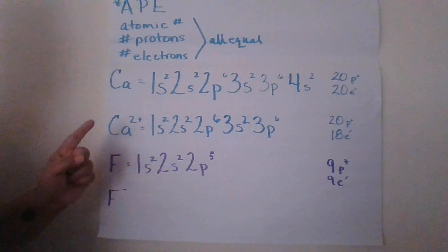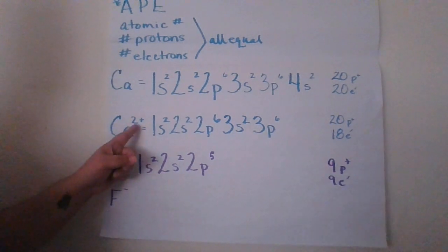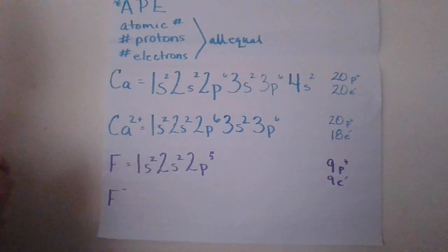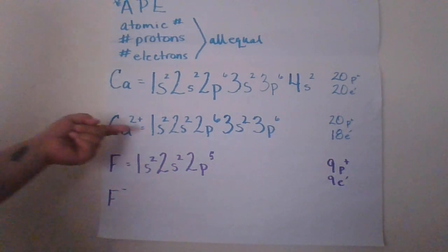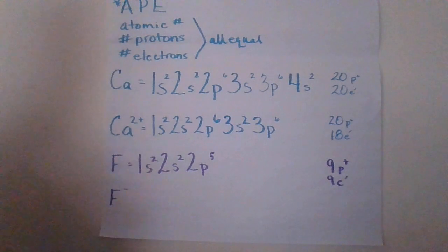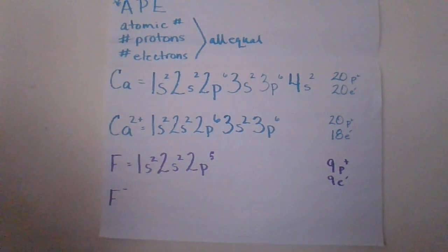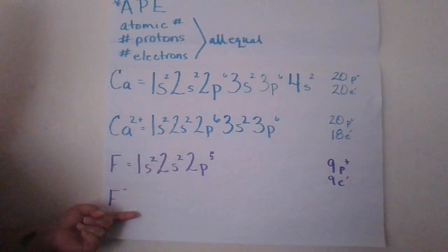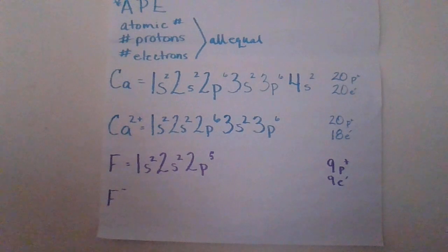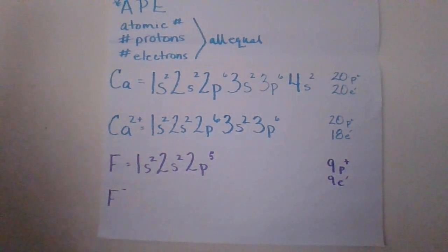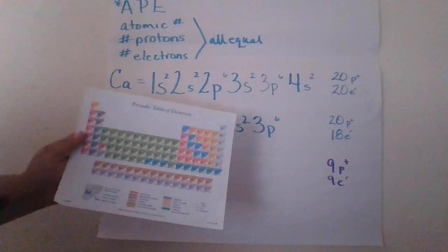So much like I stated before, if it's positive, it has lost electrons. So we have more protons, or in this case, 2 more protons than we have electrons. So let's look at the opposite now. We have fluorine with a negative 1 charge. With that being the case, we know that means it has 1 more electron than it has protons.